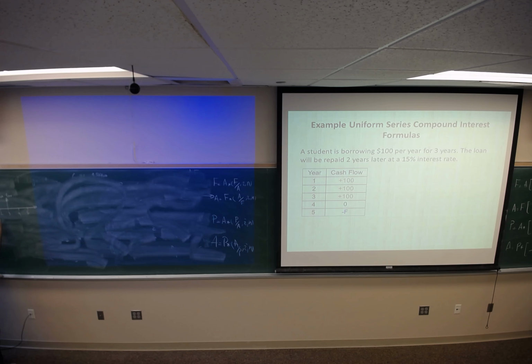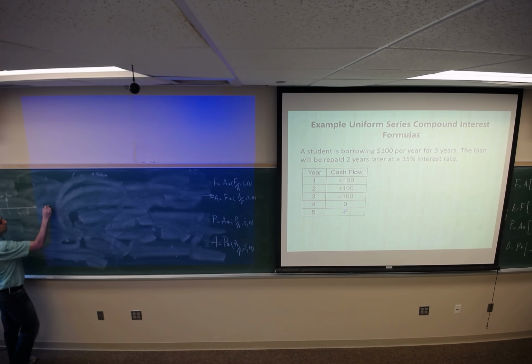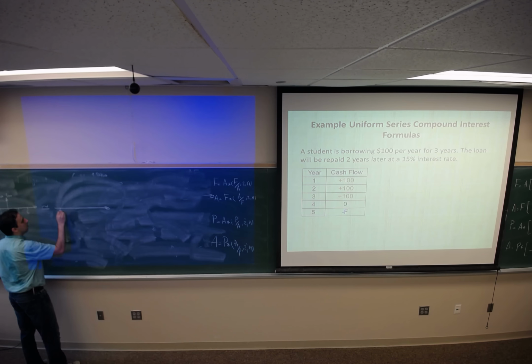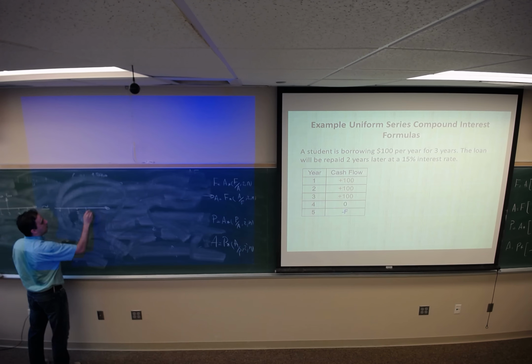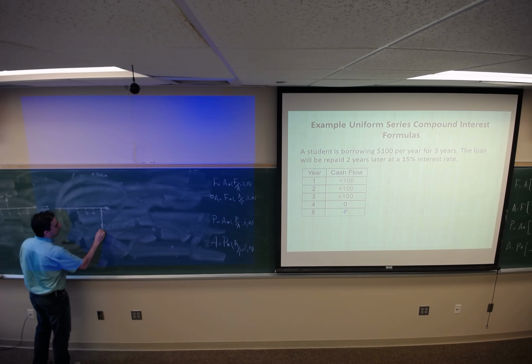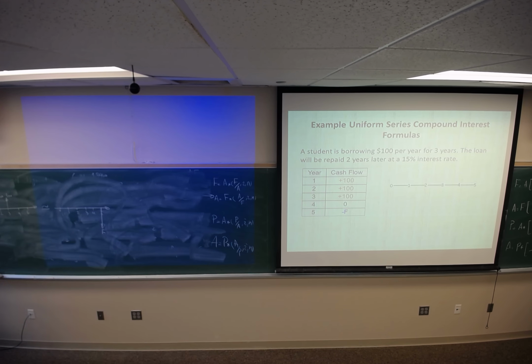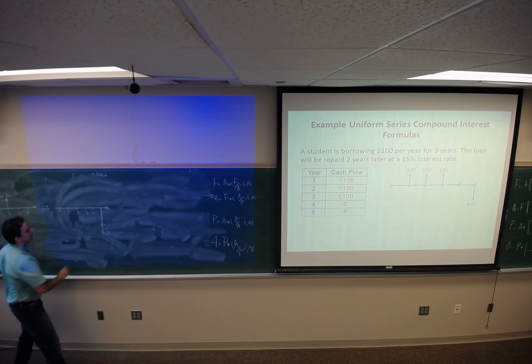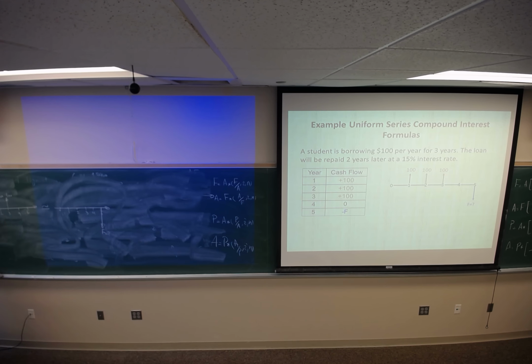We would like to know the equivalent value of this cash flow diagram at year 5, or how much the student should pay at year 5. This is a uniform series of payments.